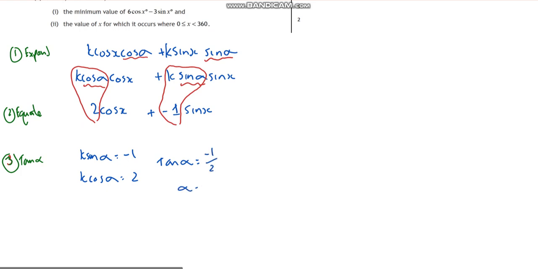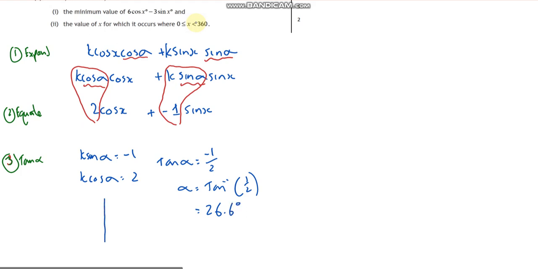But when I do my shift, I'm going to say inverse tan is a half. I'm going to work that out. And this is in degrees, so just check your calculator, still in degrees. Yep. So shift tan of a half, or inverse tan of a half, that's 26.6 degrees.